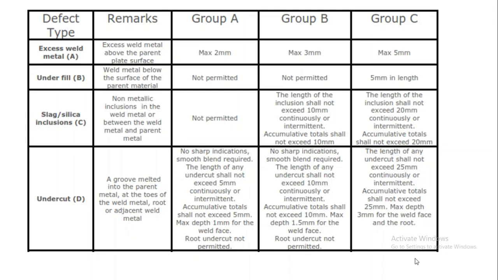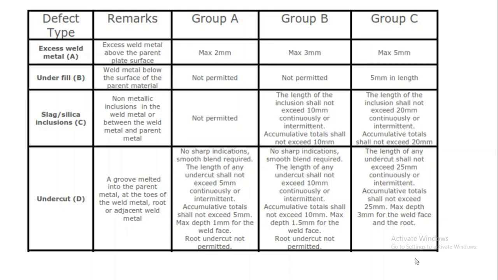And group C, in group C, you have to measure the length. You have to see this undercut on both sides, root and face. It should not go beyond 25 mm, that length, continuously or intermittent, and depth, maximum depth 3 mm.